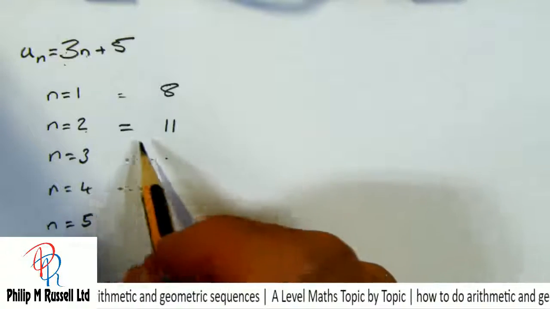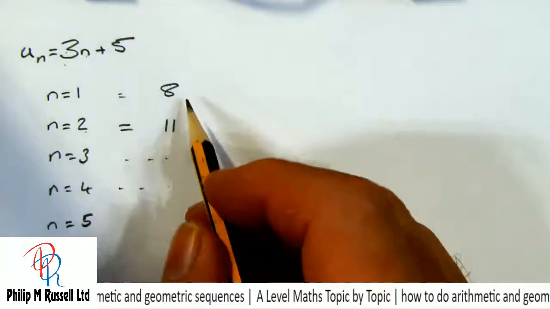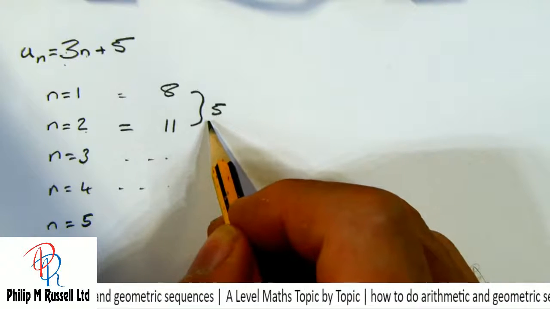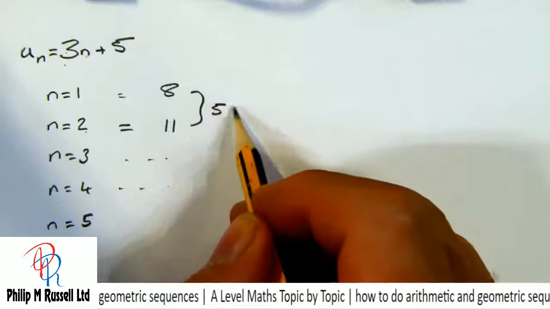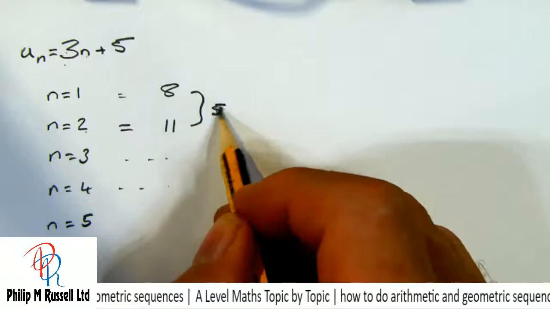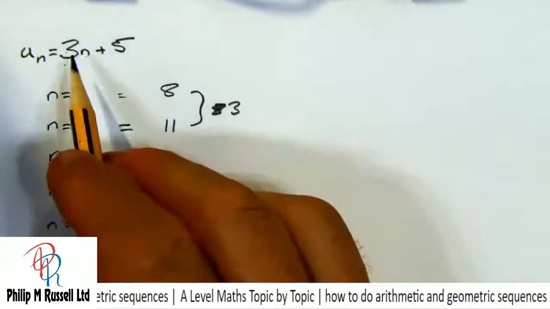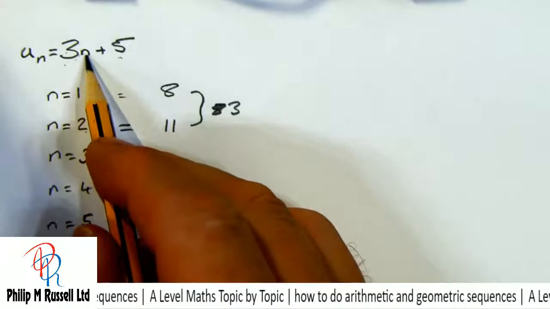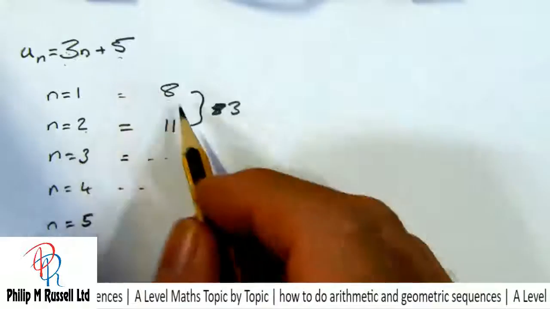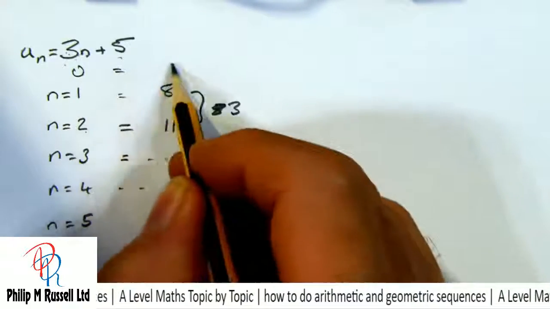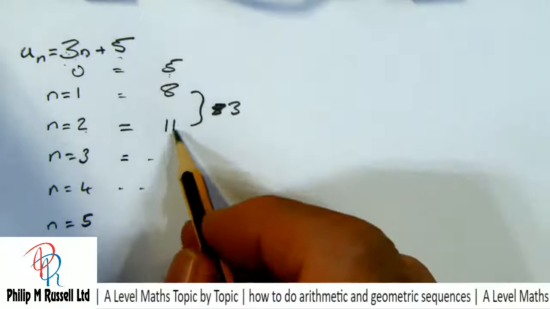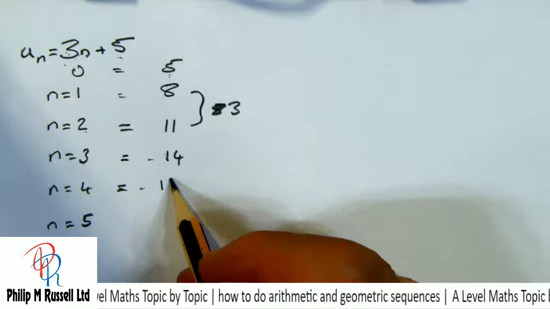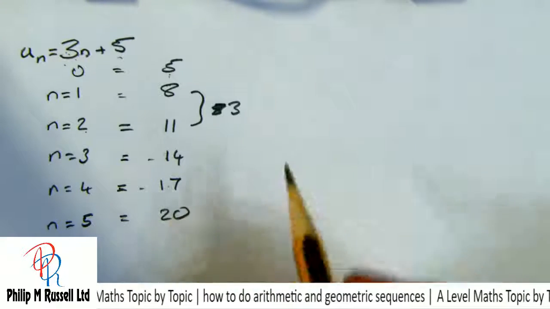With an arithmetic sequence, the difference is going to be 3 between each term, with a starting number set to 5, because that's when n is 0: 0 times 3 is 0, plus 5. So that would be our initial value.